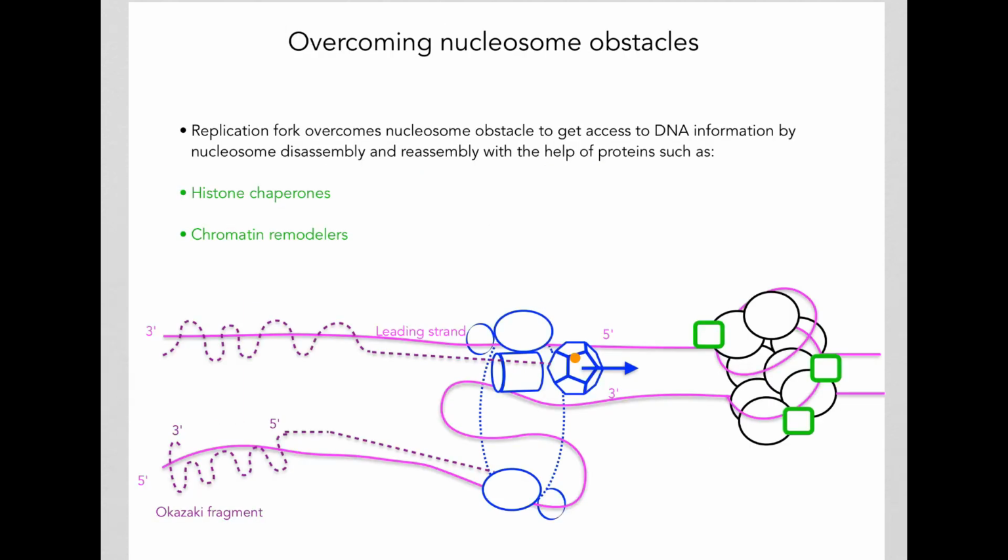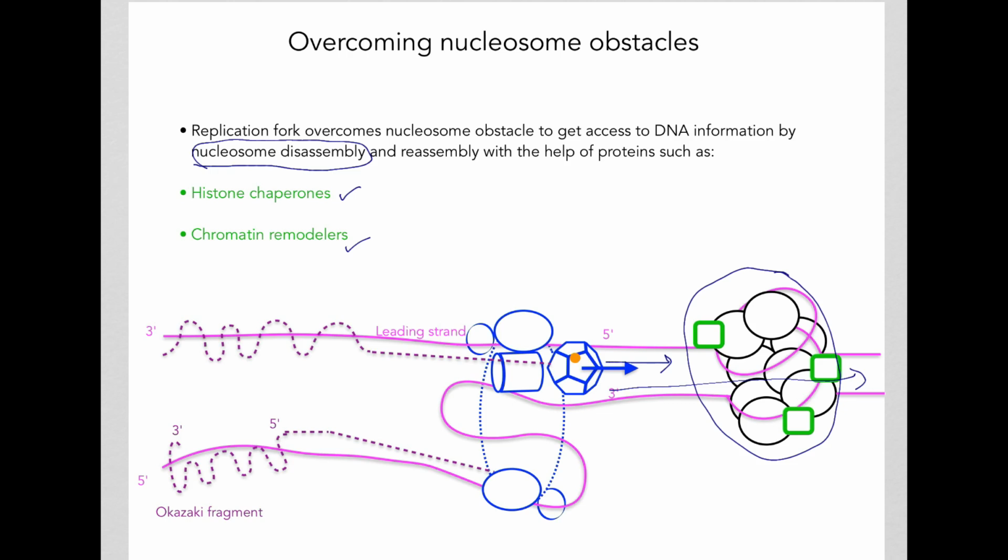Now, when the replication fork meets a nucleosome, obviously the nucleosome is going to obstruct the progress of the replication fork. So here we need the help of other proteins such as histone chaperones as well as chromatin remodelers, and these proteins will cause the disassembly of the nucleosome so that the replication fork can pass through and copy all this DNA that is wrapped around the nucleosome.